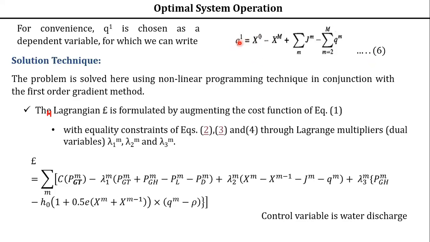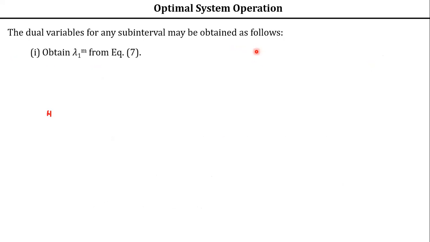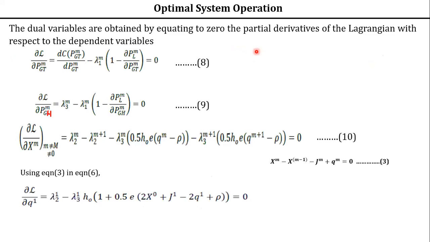That is the dependent variable. Substituting the water continuity equation here, a little bit of analysis is needed. So you have to write it and practice it, and you should remember those equations. You see here, now substituting 3 in the equation, where 3 is the water continuity and 6 has your Q1, the dependent variable, the water discharge.